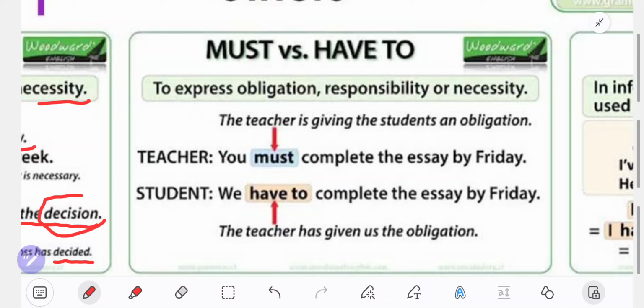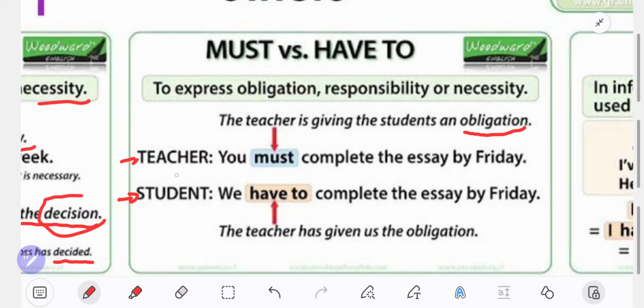For example, the teacher is giving the student an obligation. The teacher said to the student, you must complete the essay by Friday. Okay. Your teacher is giving you a task and the deadline is on Friday.